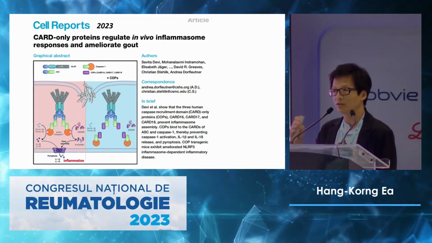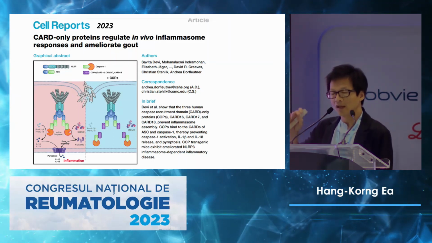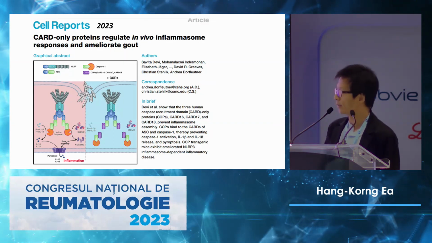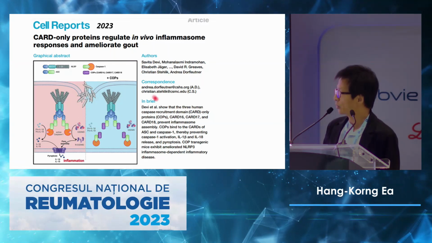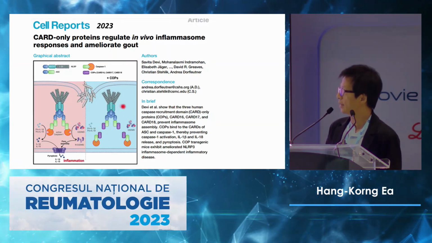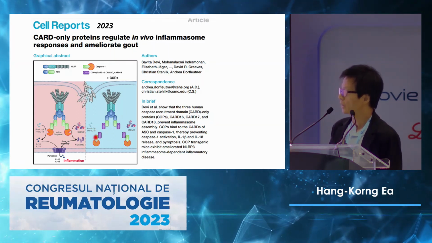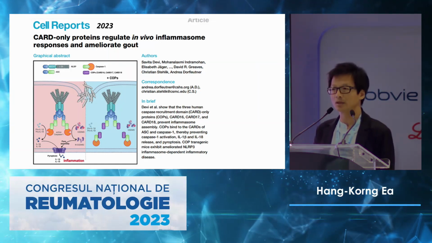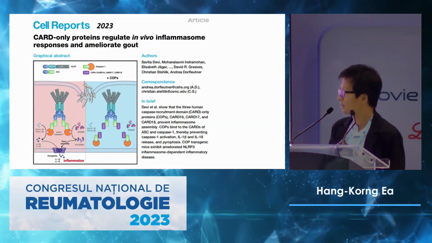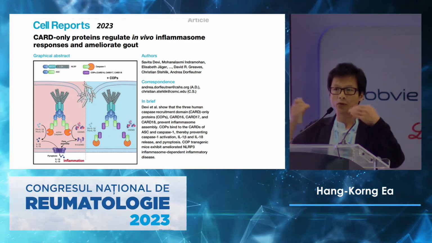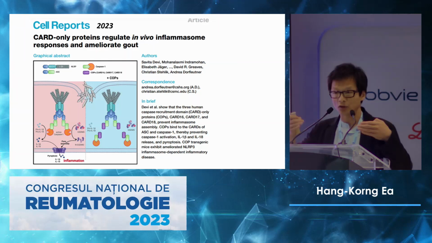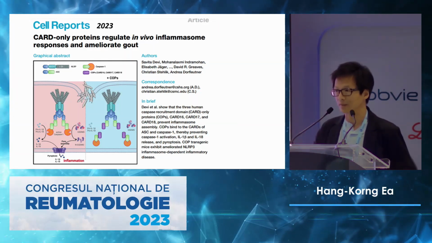So this protein without a pyrin domain cannot be recruited by ASC, but it is able to compete with the ASC protein. The CARD-only protein, known as COP, will interact with the pyrin domain, preventing the recruitment of pro-caspase-1, and so preventing the activation of caspase.